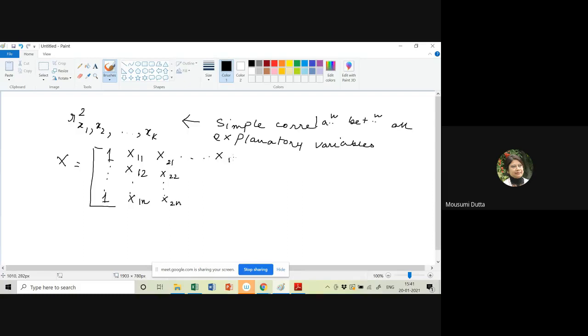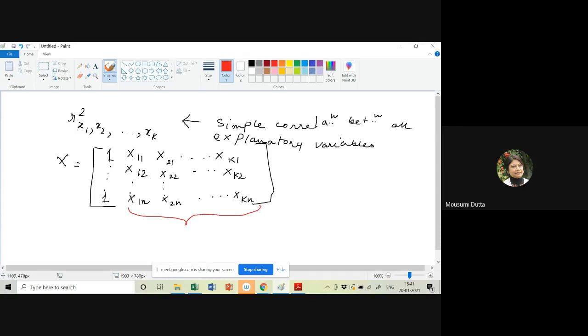Suppose I have up to k. Suppose this is our X matrix, okay? Now, if we consider the simple correlation between all x's, that means I'm considering the correlation between this set.